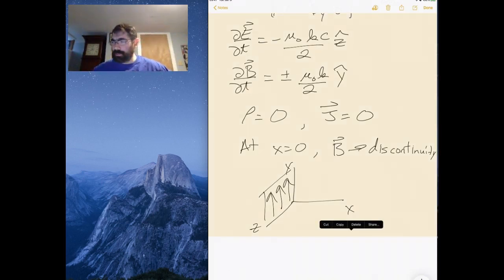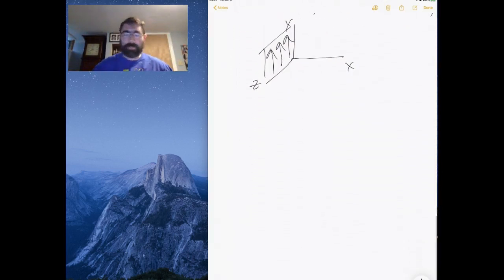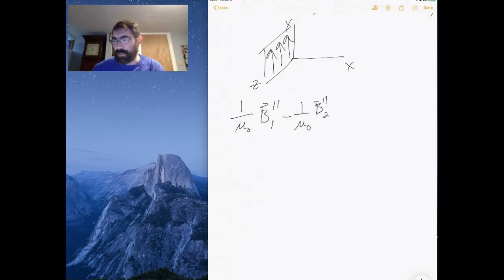And when we apply that boundary condition, what we find is that 1 over mu 0 times the parallel component of the field on one side of the plane, minus 1 over mu 0 times the parallel component of the field on the other side of the boundary, is equal to our surface current crossed into the direction of that area, which is essentially x.